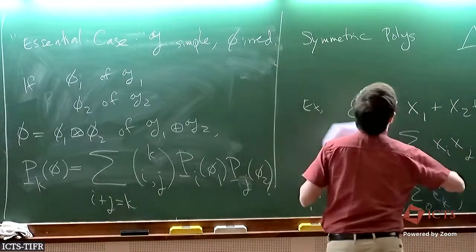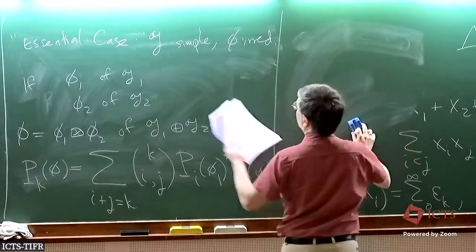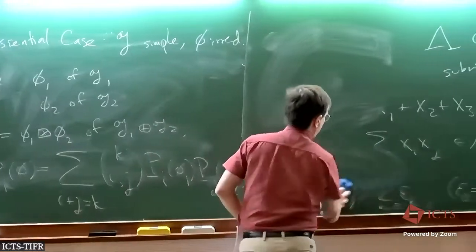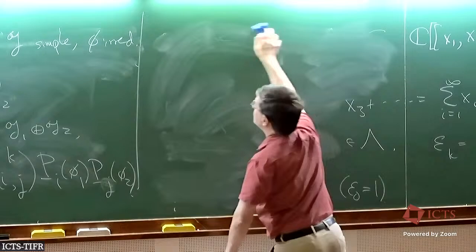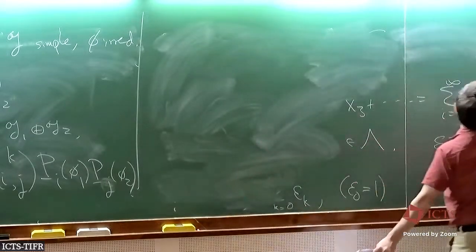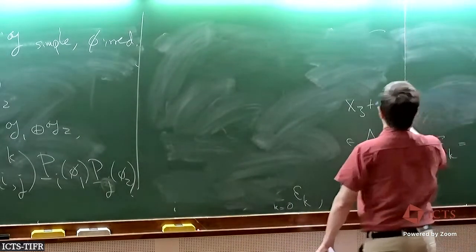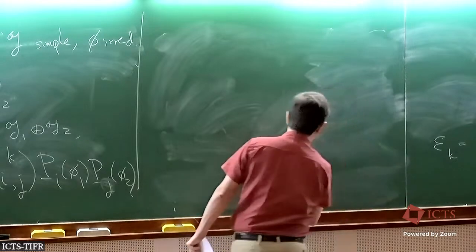Now that I'm doing irreducible, I have some highest weight. The irreducibles are parameterized by the highest weights, and I might want to know how this depends on the highest weight.